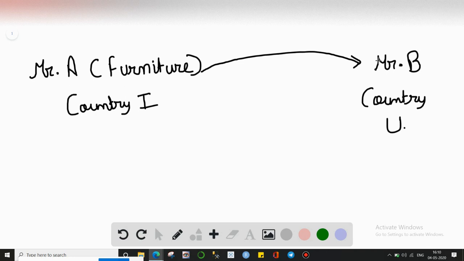Mr. A asked Mr. B, are you able to send me the wood logs so that I can make furniture out of them? So Mr. B says, okay, I will do that. Now what happens? Mr. A becomes importer.